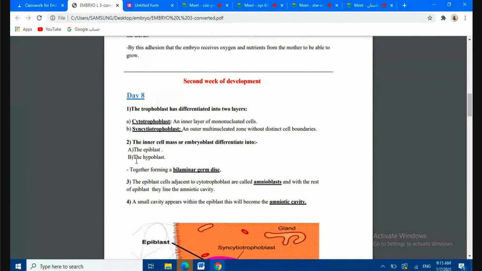So first of all we will take the trophoblast and embryoblast. We said before that trophoblast is the outer cell mass and the embryoblast is the inner cell mass.